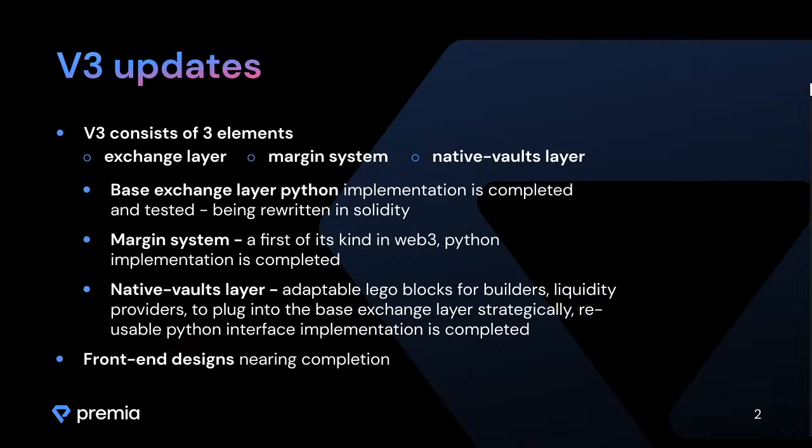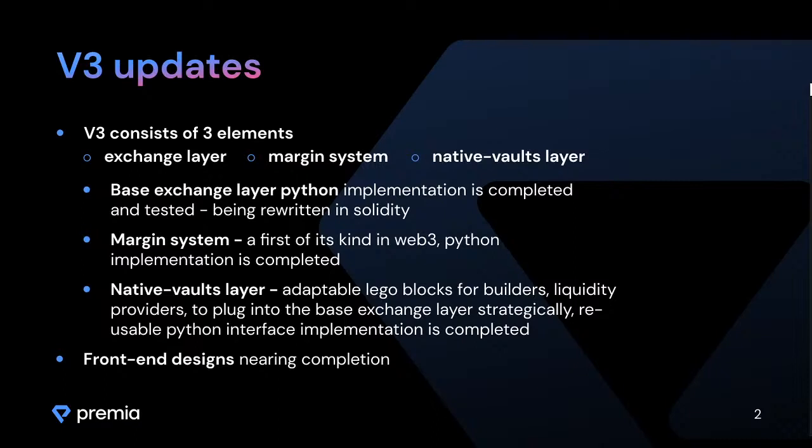And then finally, we've got our native vaults layer, which is simply an adaptable Lego box built for builders and liquidity providers, so they can plug it into the base exchange layer using strategies that they build or third parties build, and they can run automated vaults on top of the base exchange layer, so they benefit from the price discovery and liquidity benefits already on the base exchange. It's not separated like existing vaults in DeFi.